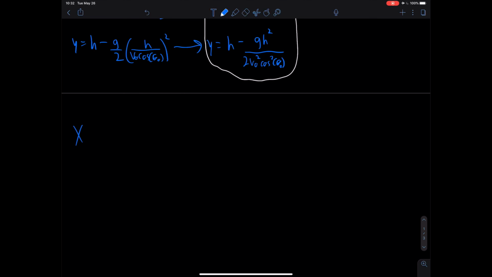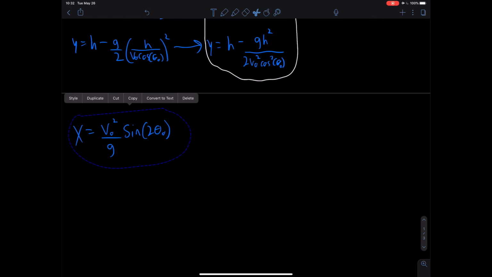The range is going to be x equals v naught squared over g times sine of 2 times theta. And we want to know the speed v that will give us the range h. And this should actually be for apple 1. We want to throw apple 1 at least that far. So I'll change that to brown just to keep consistent with our colors so far. So we want the range to at least be h, so that'll be our x.